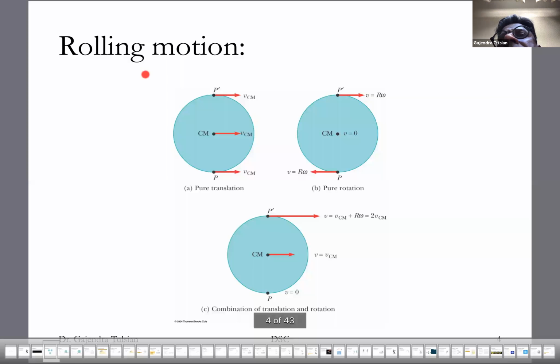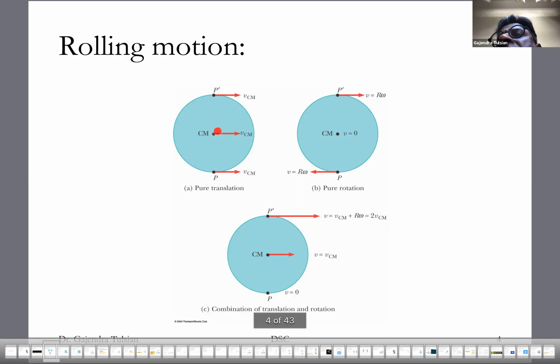So rolling motion. Imagine a wheel, and this would be pure translation if this wheel moved like that. Every point on the wheel has the same velocity, and this entire wheel is being transported to the right.